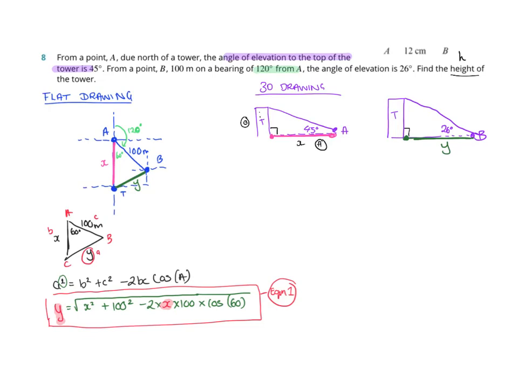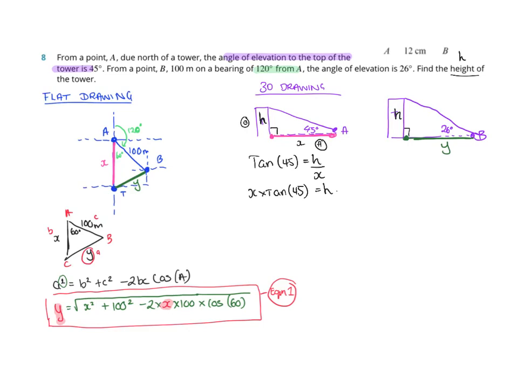I'll call it h for height, and that would be the same here. Using this triangle, I might use the tan rule because it's the tower. So tan 45 equals the height over x. If I rearrange that to get h by itself, it would be x times tan 45 equals h.